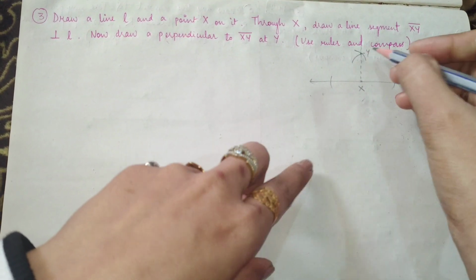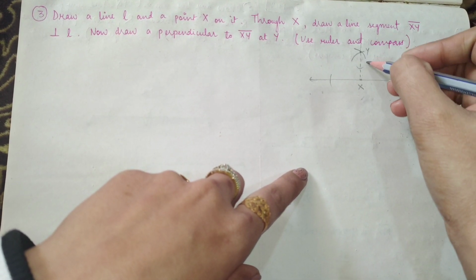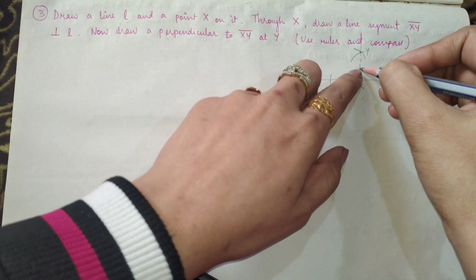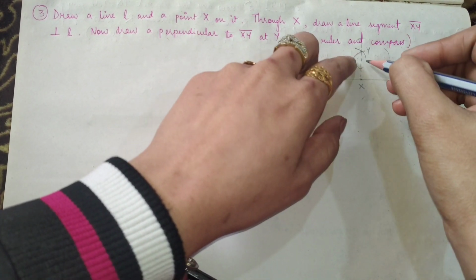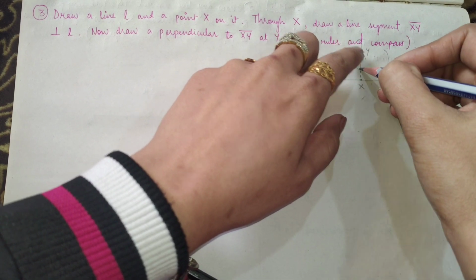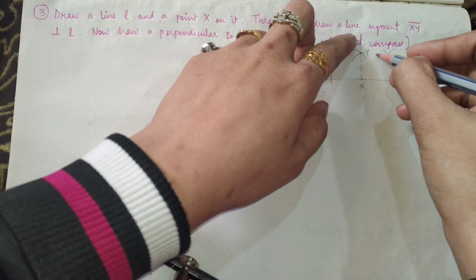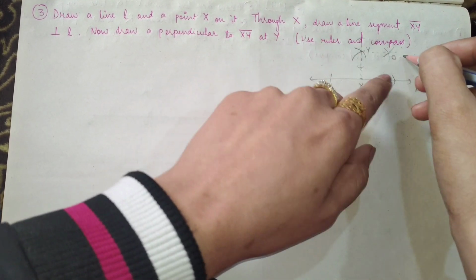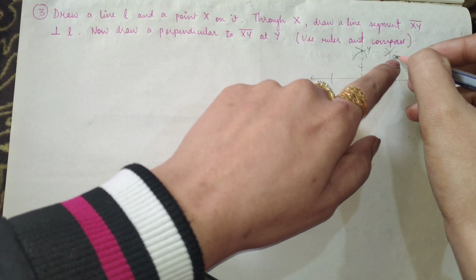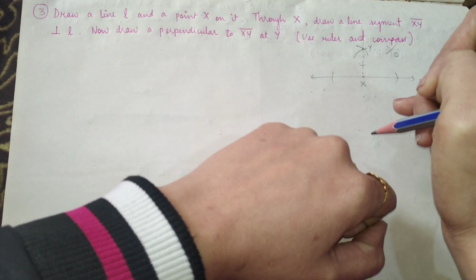Then you will repeat your procedure by keeping the pointer here, and you will draw two arcs like this, and then keeping your pointer here, increasing the radius of your compass, draw two arcs here, one by keeping your pointer here and another by keeping your pointer here, and then in this way just name this point as O, and like this you have drawn OY perpendicular to XY.